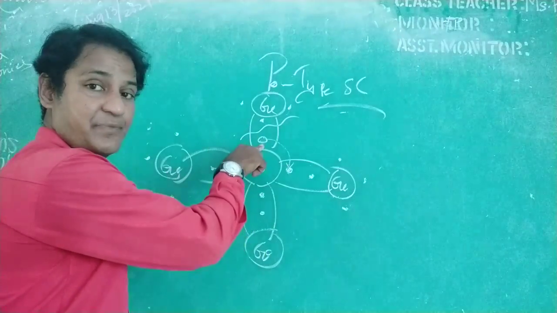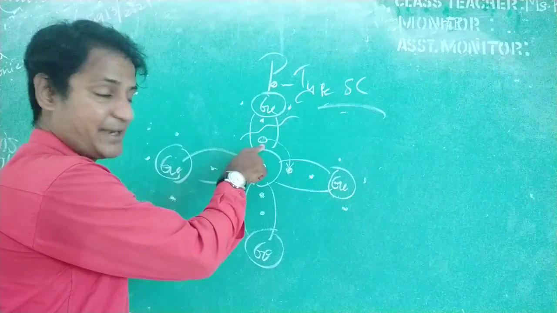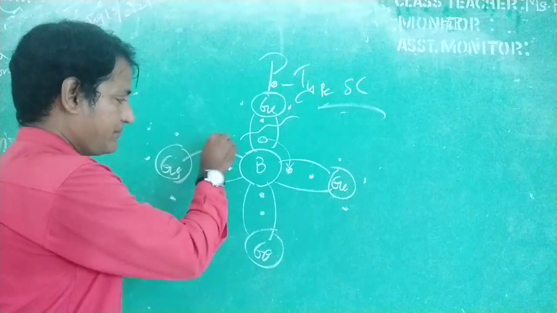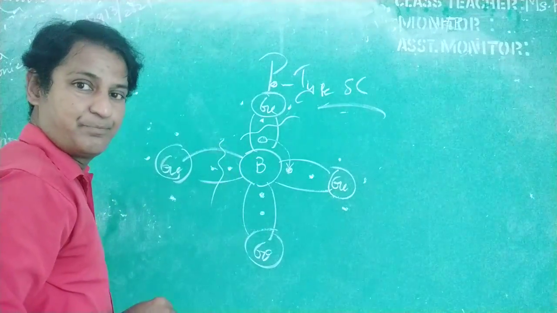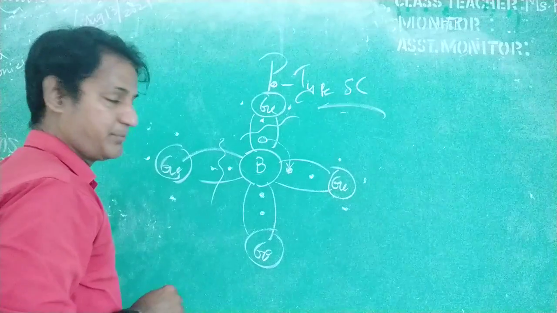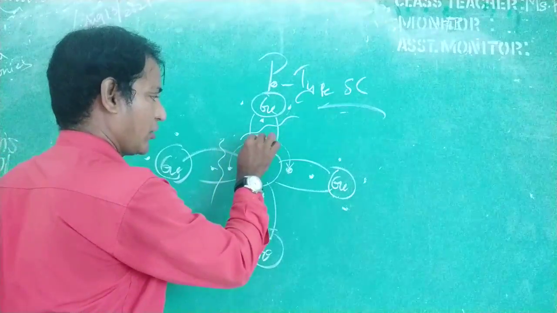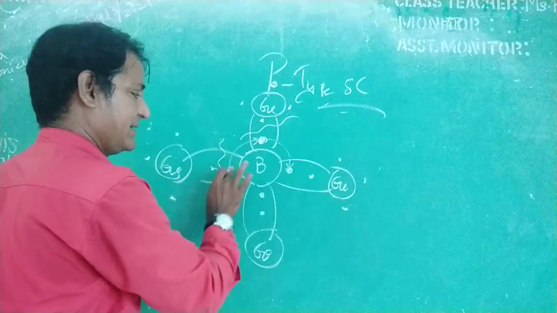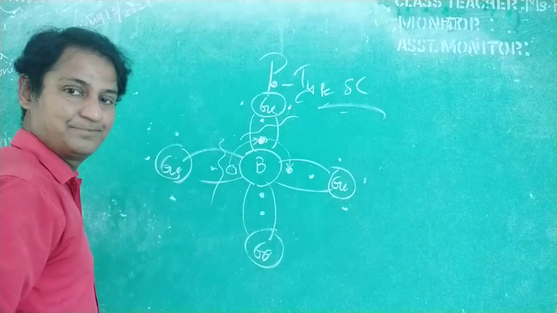And this hole will be occupied by the neighboring electrons by the breaking of covalent bonds, and this electron will move and occupy this space, creating a hole.